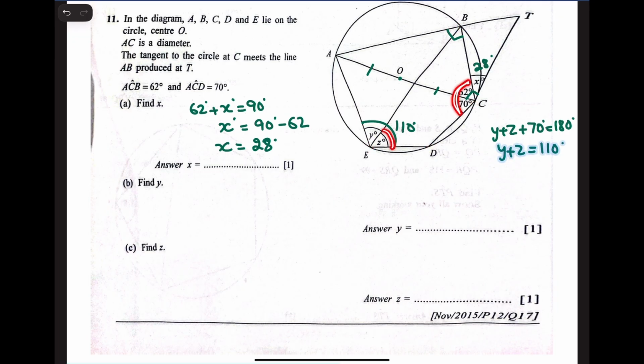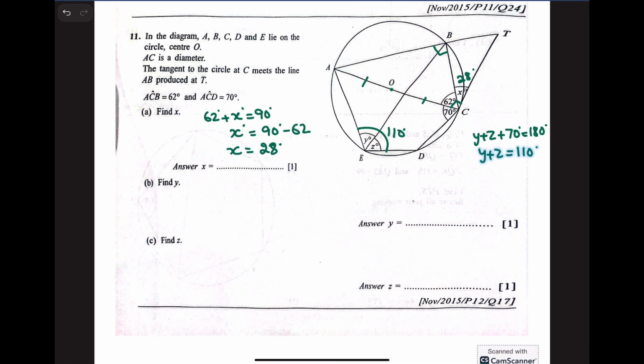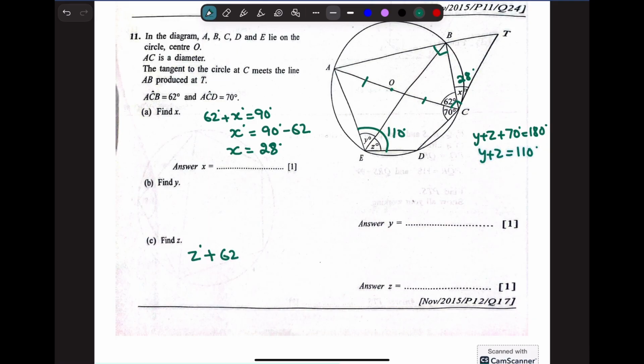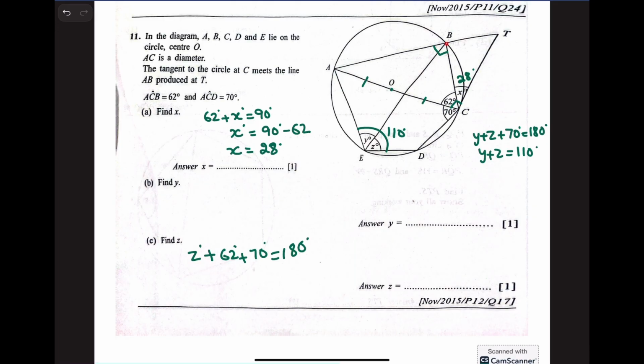This and Z should add up to 180, right? So let's figure out what angle Z is. So Z plus 62 plus 70 should be equal to 180 because the opposite interior angles of a cyclic quadrilateral are supplementary. We are looking at the quadrilateral BCDE.